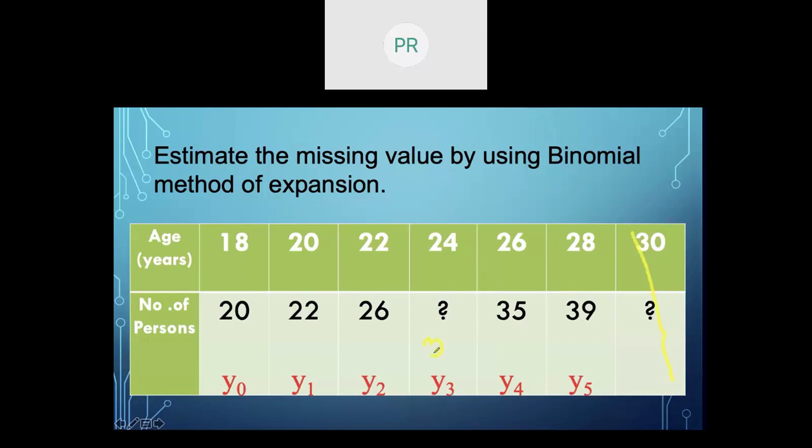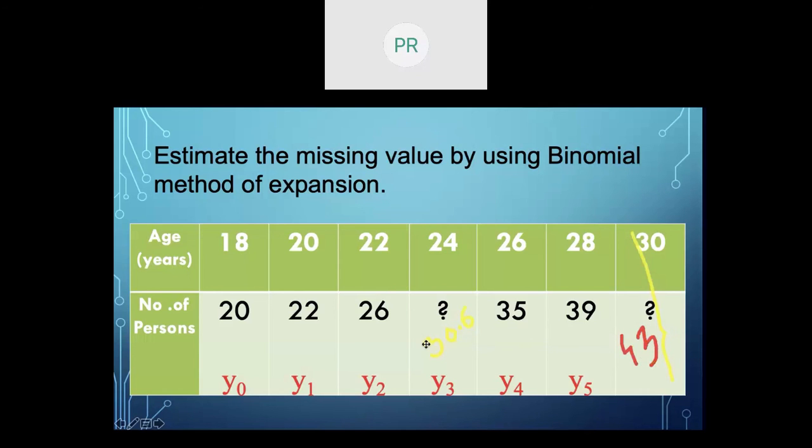We got the answer as 30.6. So considering this answer, we have taken this equation as an extrapolation problem, modified the already obtained equation by increasing the value of the subscript by 1 and found the value for y6. So the value of y6 which we got here was 43. So the missing value here is 43.